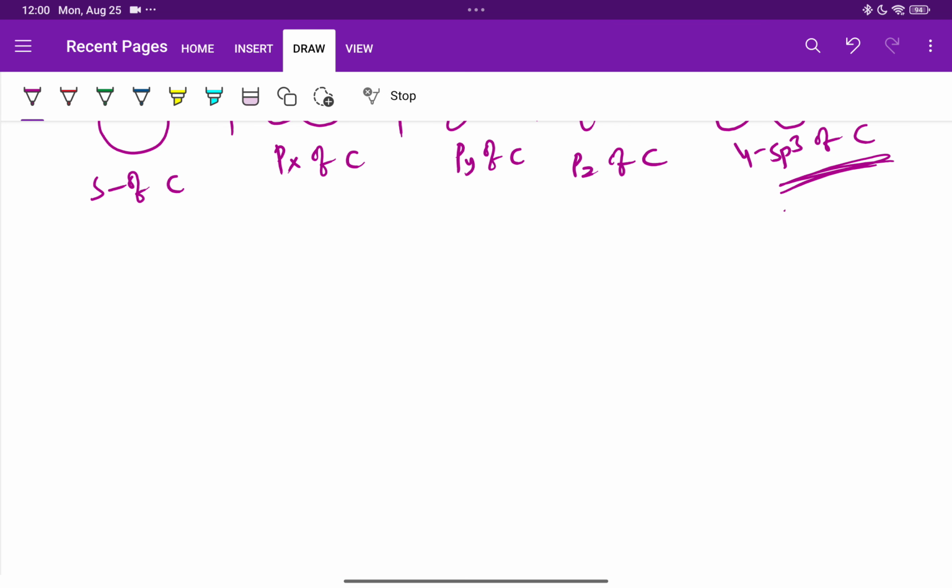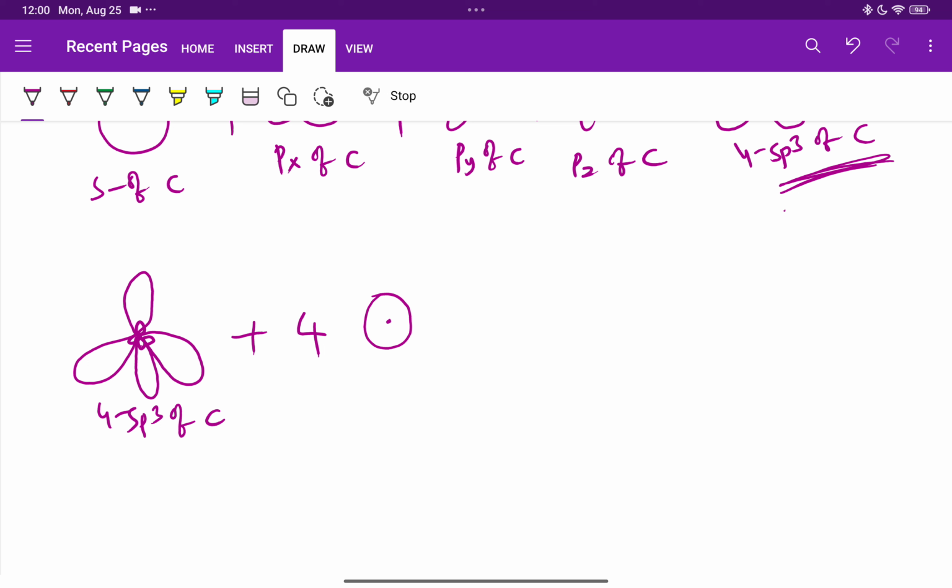I am going to show you. These are the 4 sp3 hybrid orbitals of carbon, then 4 hydrogen s orbitals, so s of hydrogen.